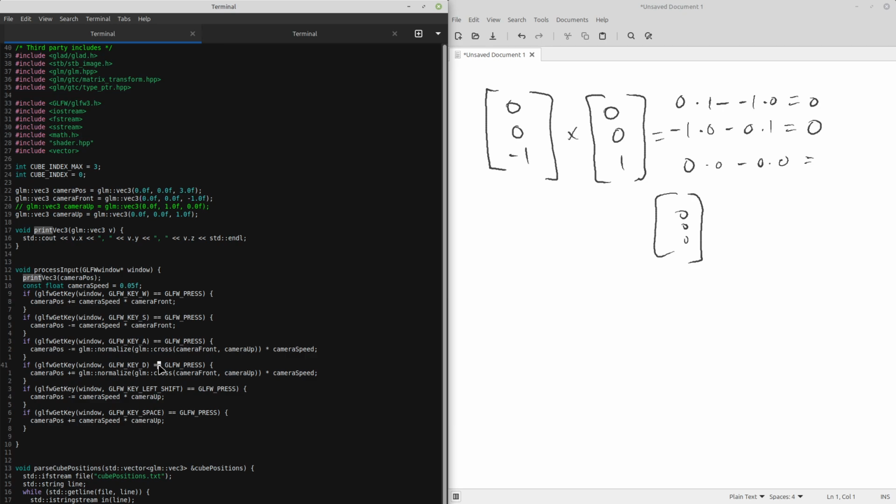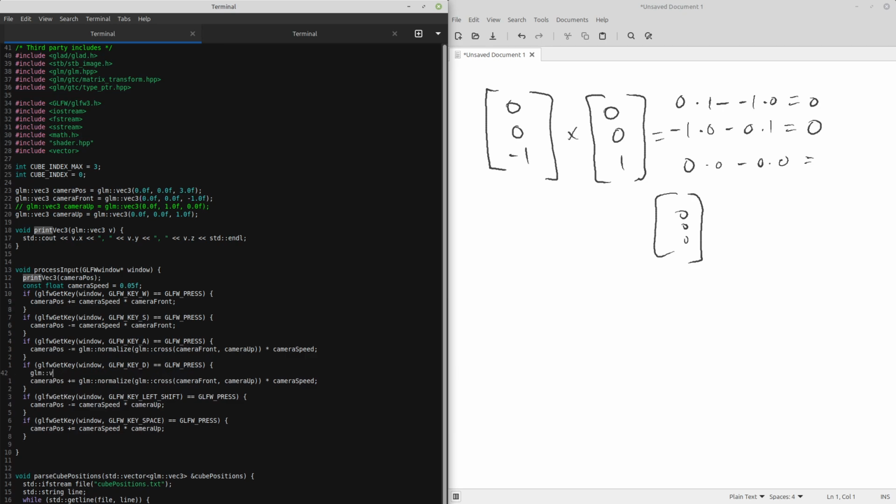Let's just see what that value is. Vec3. Let's call it the cross.